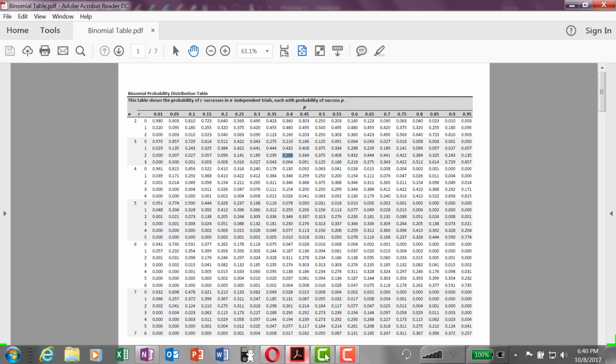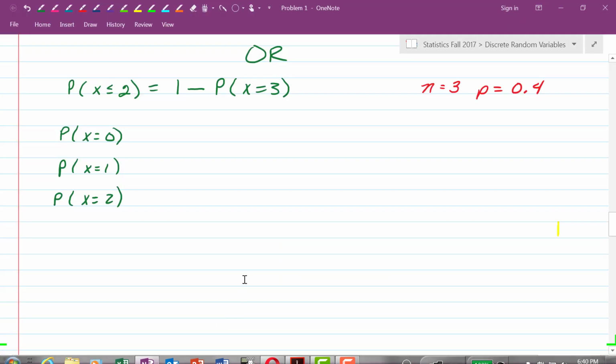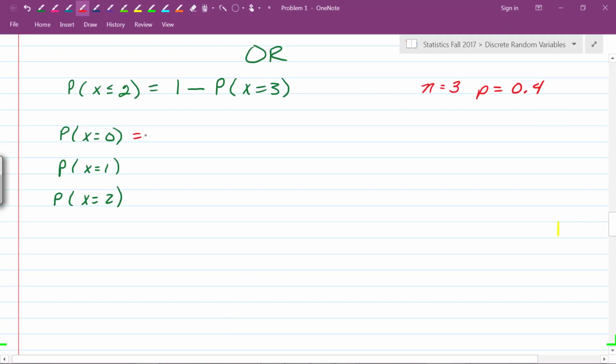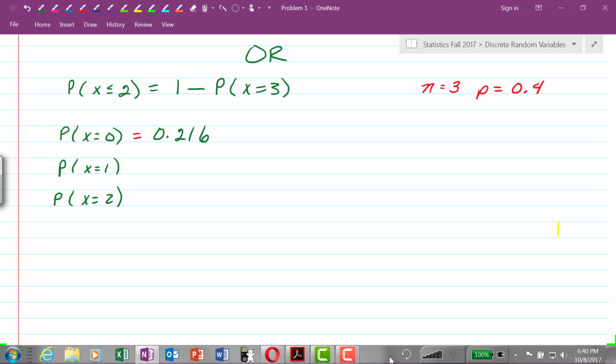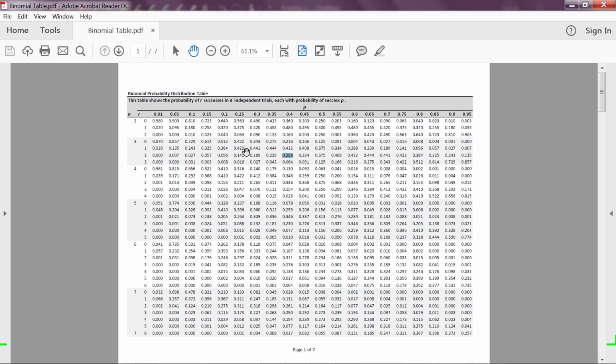So that's 0.216. So the probability that x equals 0 is 0.216. And then let's go back to our table, and x equals 1. So that is, as long as I'm on the right column, it looks like I am, 0.432.